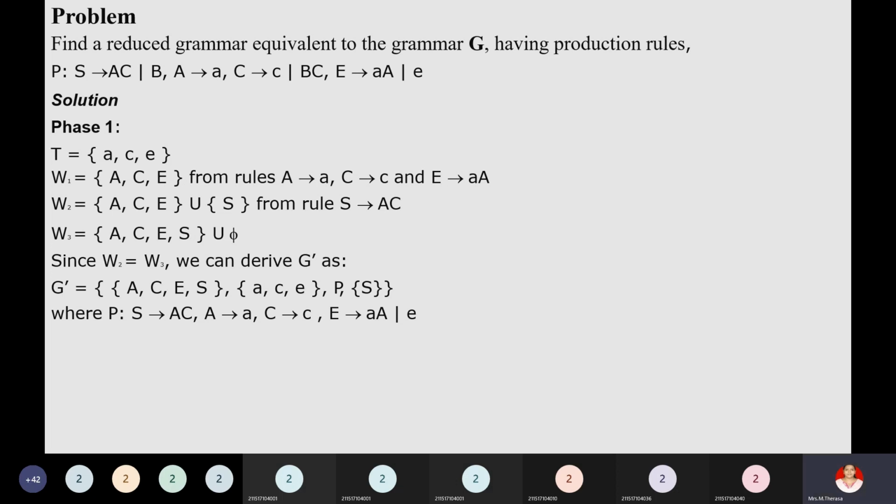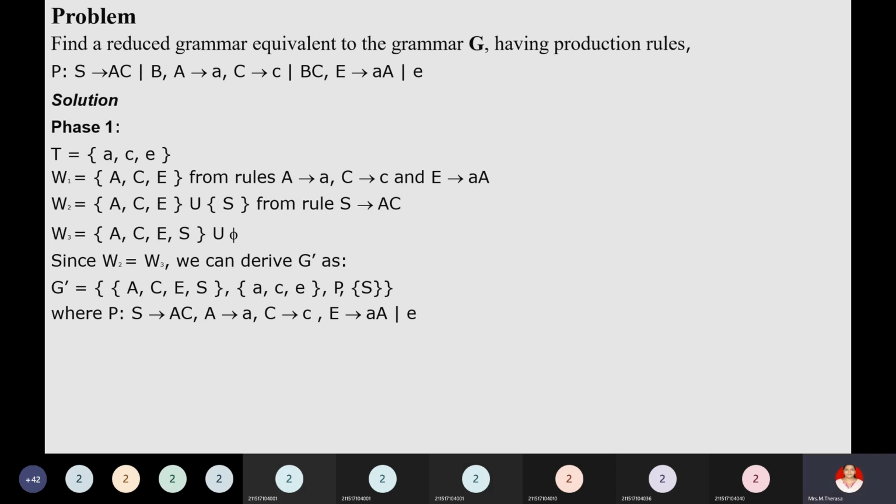You know that you have a production A tends to small a, so A can generate a small a. C can generate small c. Similarly, this E can generate small e. Or else if you take this AA also, you can replace this capital A by small a. So all these three produce what? A string.